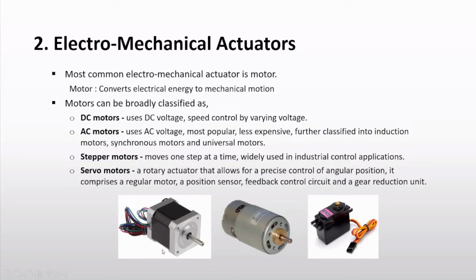The next one is the stepper motors. So we can see a stepper motor. Normally this moves one step at a time. That means it moves step by step, and therefore it has high positioning accuracy.